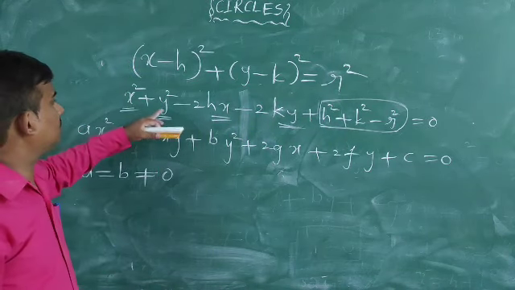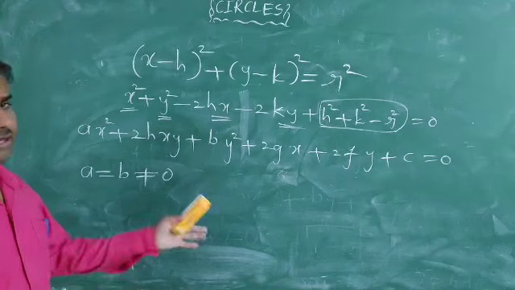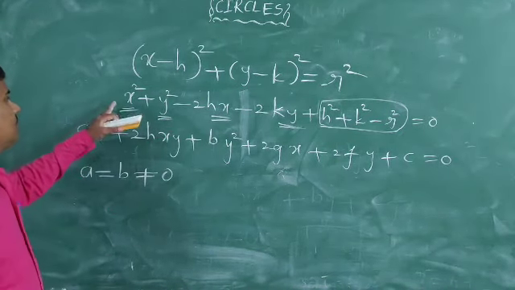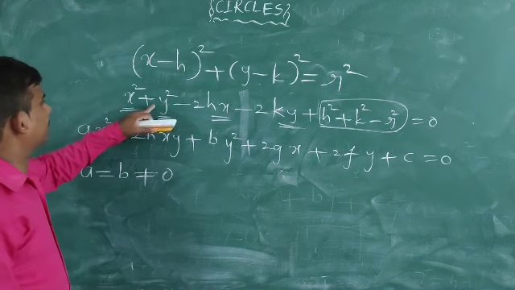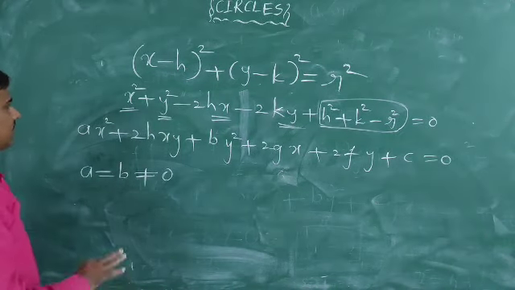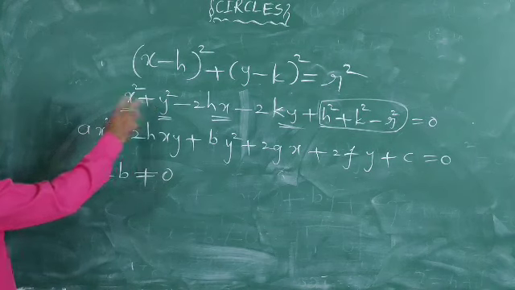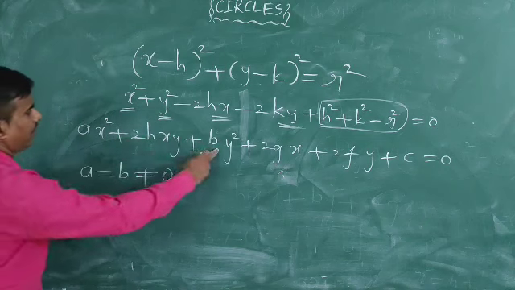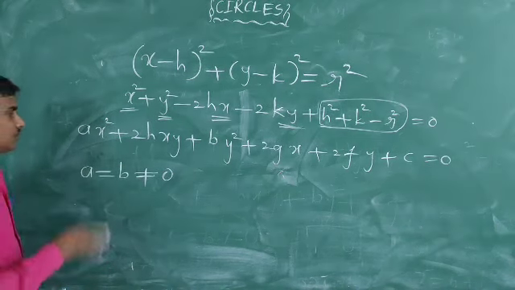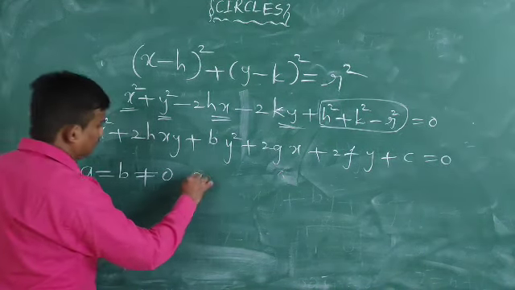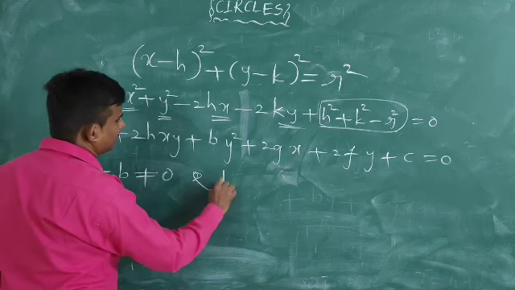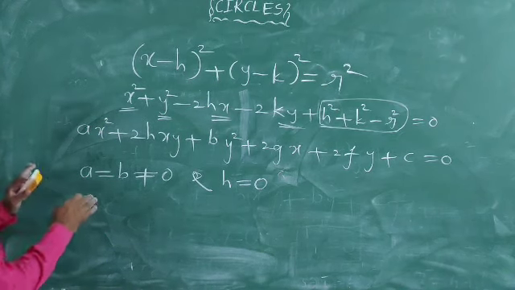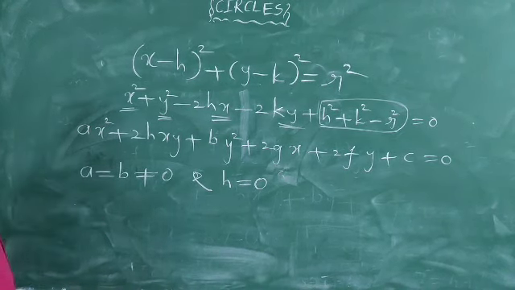If these coefficients are 0, it cannot be a circle. So a = b ≠ 0, and also the coefficient of xy, that means h = 0. First of all, these two conditions must be satisfied by the equation.